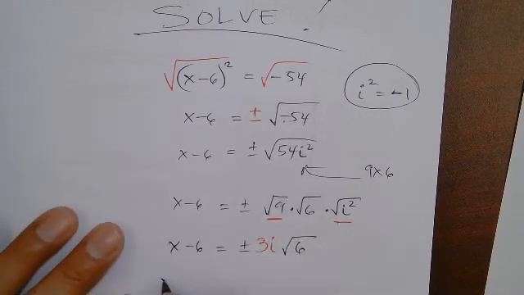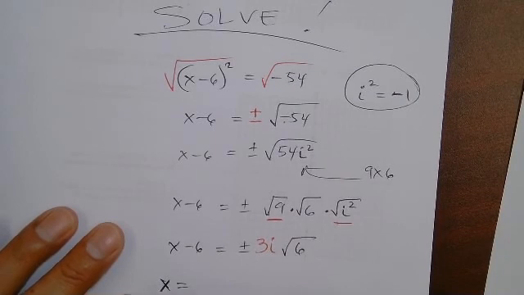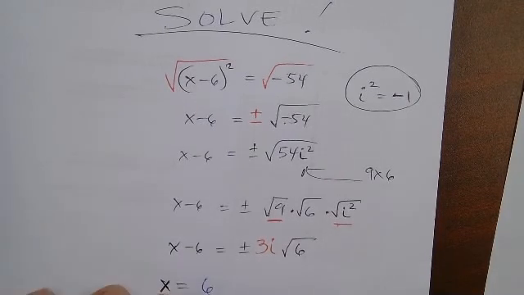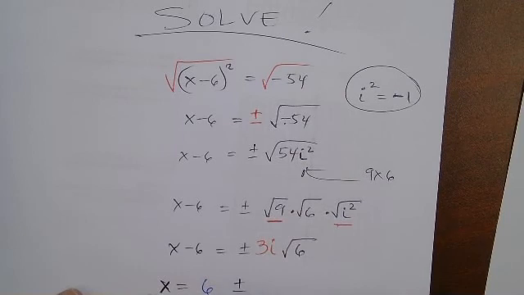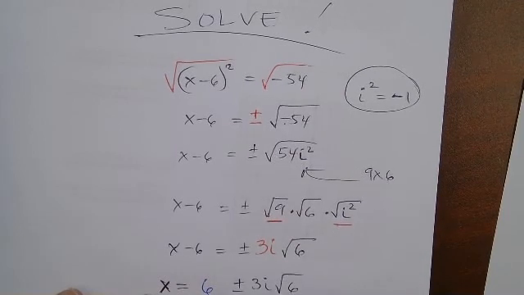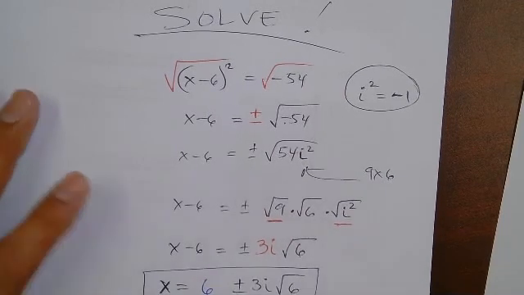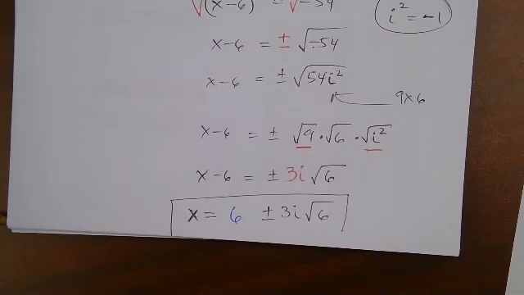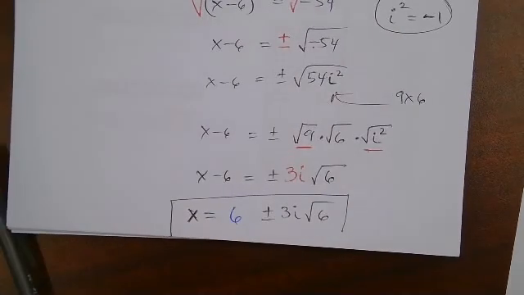Yeah? And once this side is simplified, then you move this number over. Final answer is x is equal to what? If that's a negative 6, then that means when you move it over here, it's going to be 6 plus minus 3i root 6. Boom, boom, boom.